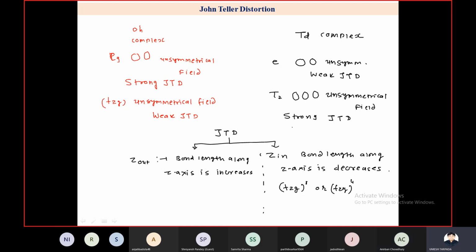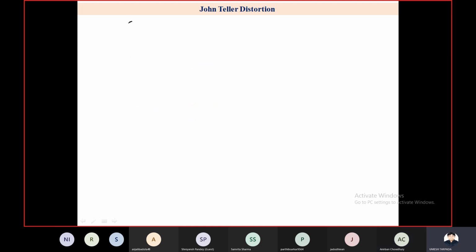Now we take one example of a particular system. Suppose your complex is an octahedral complex with a D1 configuration, and the ligand is strong field, and also you can have a weak ligand. In both cases you can compare it. Just look at it. In case of D1, which orbital fills first? T2G.